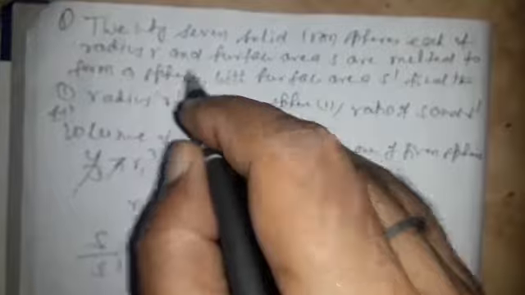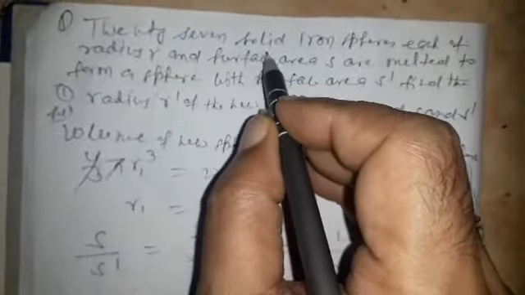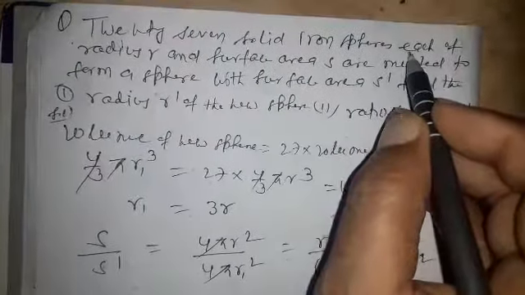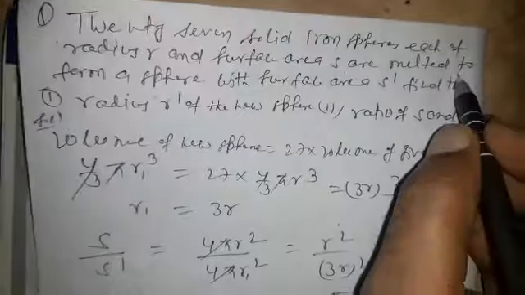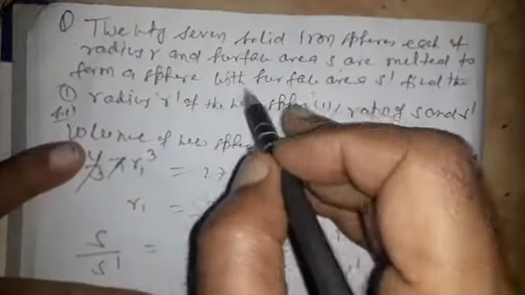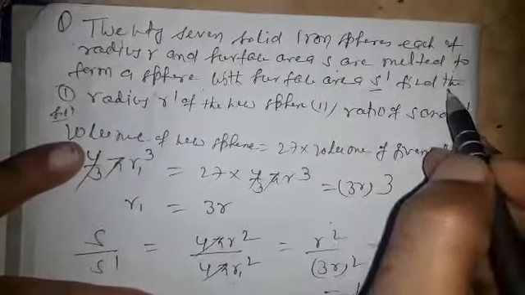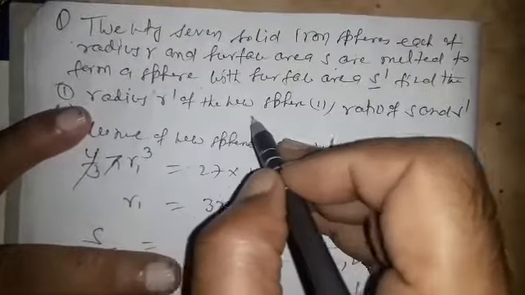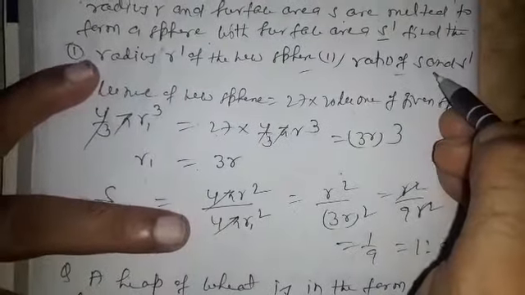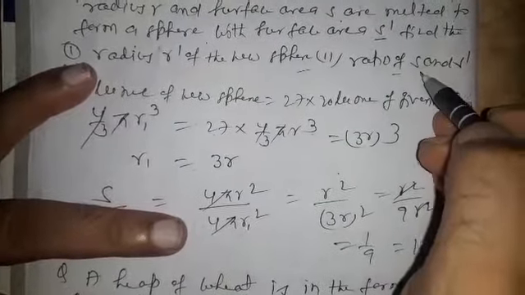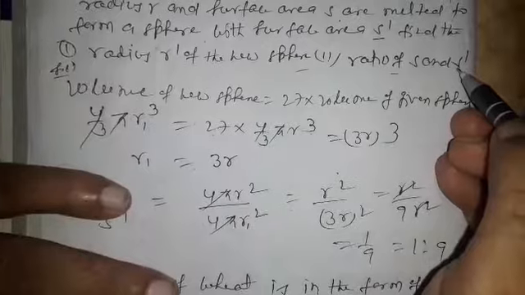Now next question is, 27 solid iron spheres, each of radius r and surface area s, are melted to form a sphere with surface area s dash. Find the radius r dash of the new sphere and ratio of surface area of both the spheres, smaller and the greater.